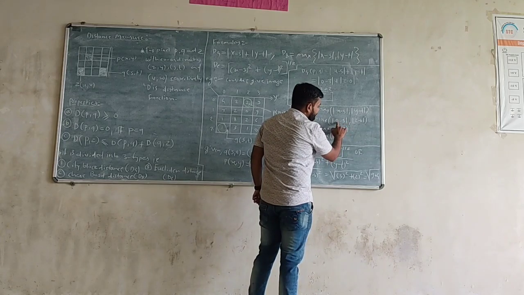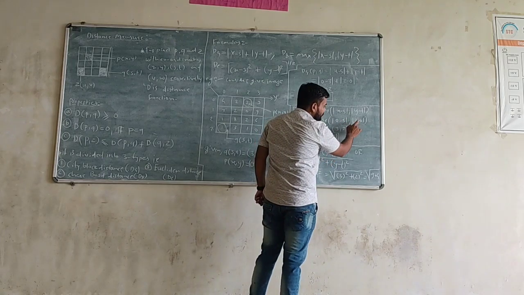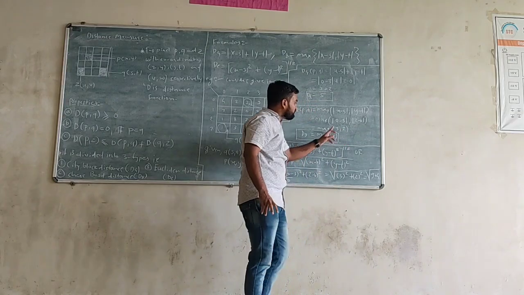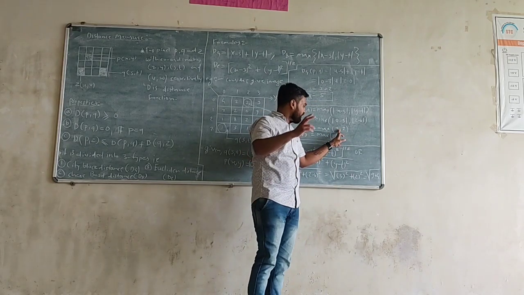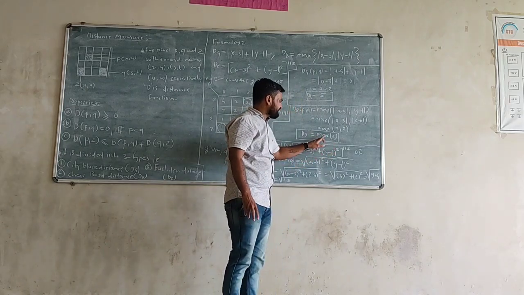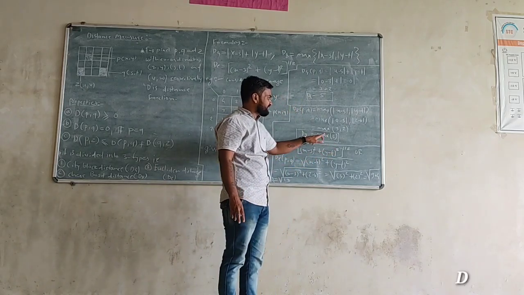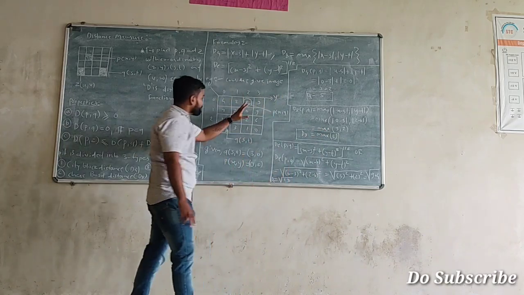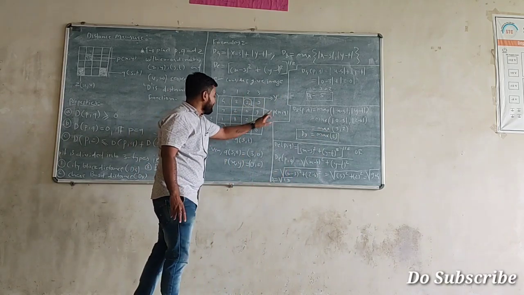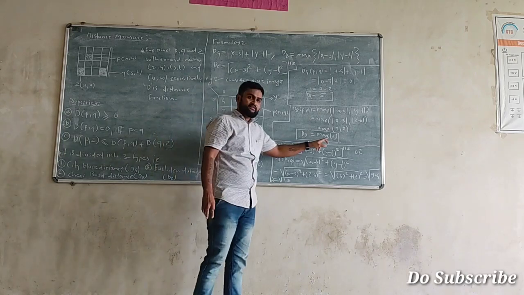So mod of 0 minus 3 is 3 and mod of 2 minus 0 is 2. Between 3 and 2, 3 is the maximum value. So the D8 distance is max 3. The chessboard distance between the given pixels P and Q is nothing but 3.